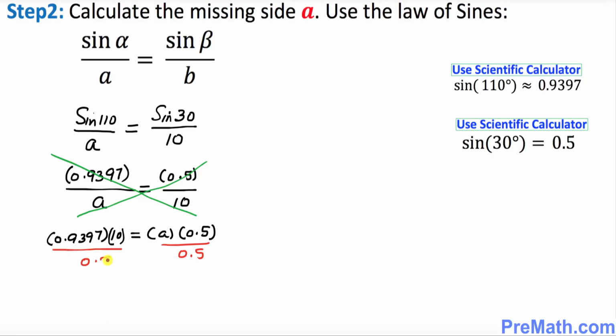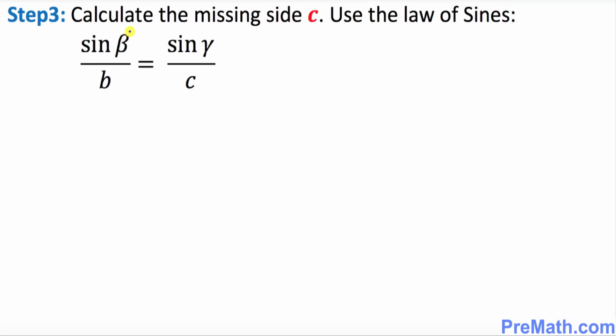So this 0.5 and 0.5 cancel out, so we end up with A equals 10 times this quantity divided by 0.5, and we are going to get approximately 18.8 units. This is the side A.